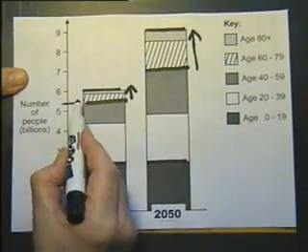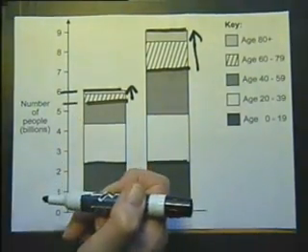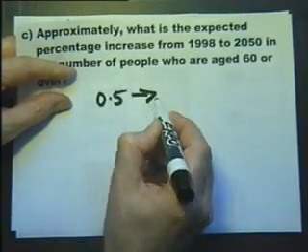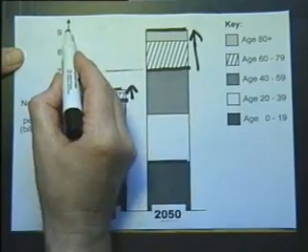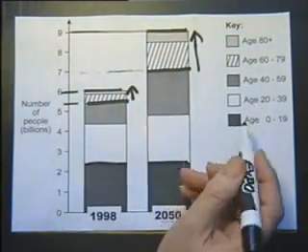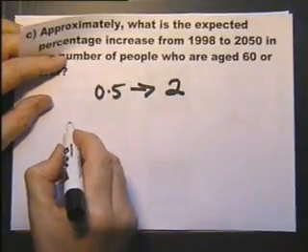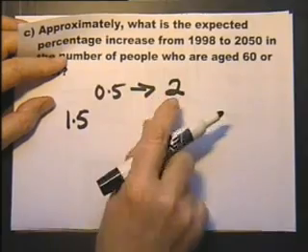So I would say that this is approximately 500 million people in 1998 changing to 2 billion. So our change is 1.5, it's changing from that to that.